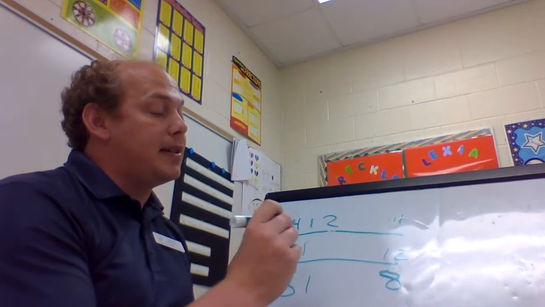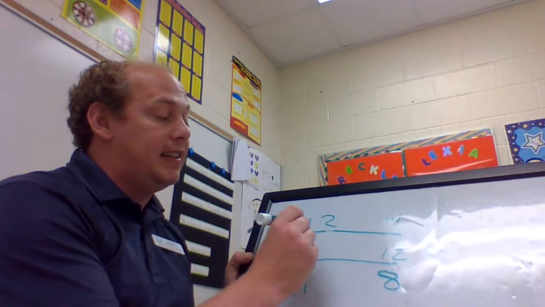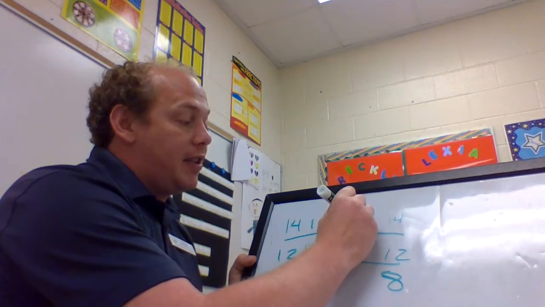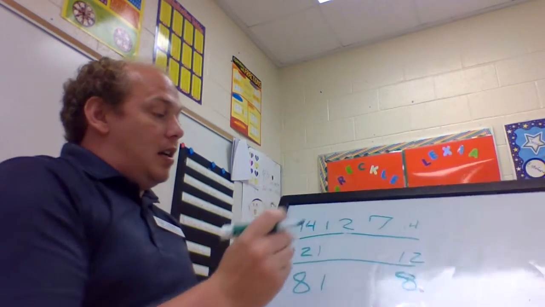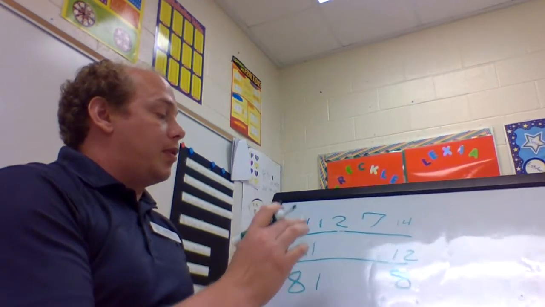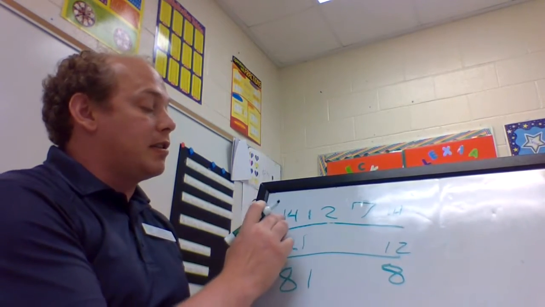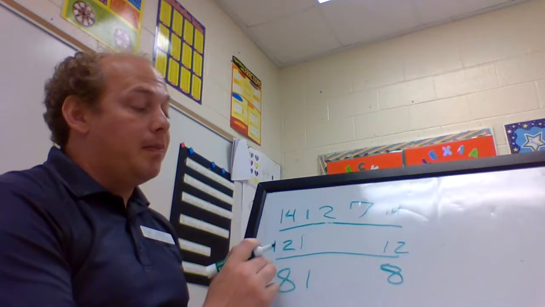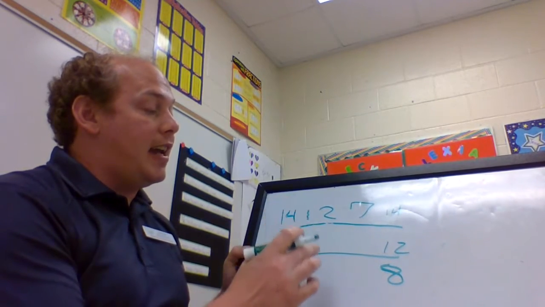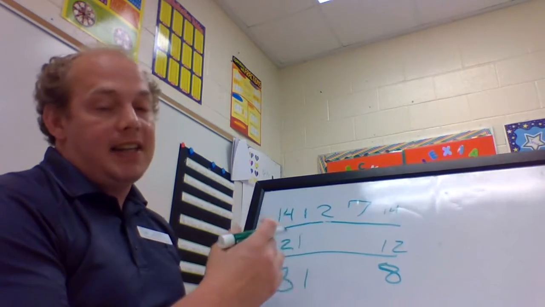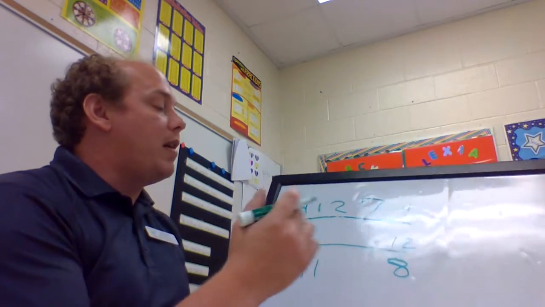It's 7. So 3 is not a factor, 4 is not a factor, 5 is not a factor because this doesn't end in 5 or 0. 6, 7, 8, 9, and 10, obviously. So we found the factors.